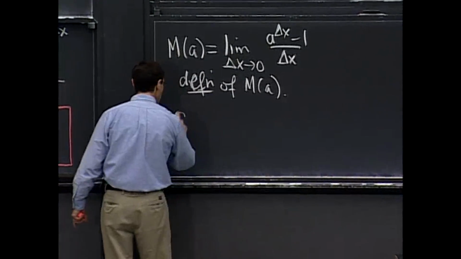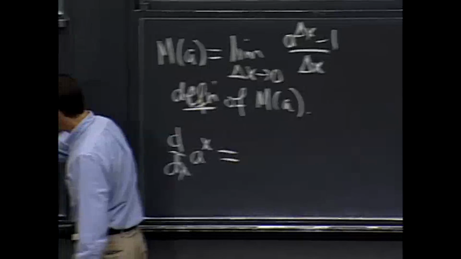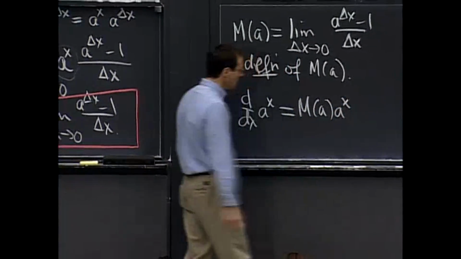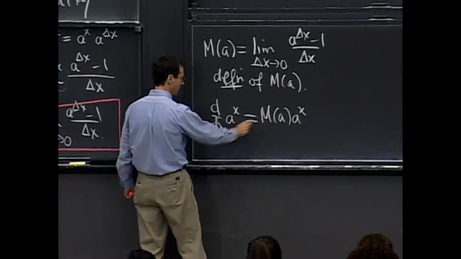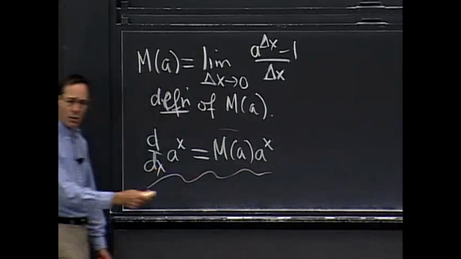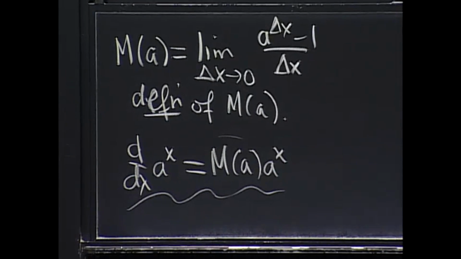So if I just rewrite it, it says d by dx of a to the x is equal to this factor, which is m of a, times a to the x. So the derivative of the exponential is this mystery number times a to the x. So we've almost solved the problem of finding the derivative of a to the x. We just have to figure out this one number, m of a, and we get the rest.